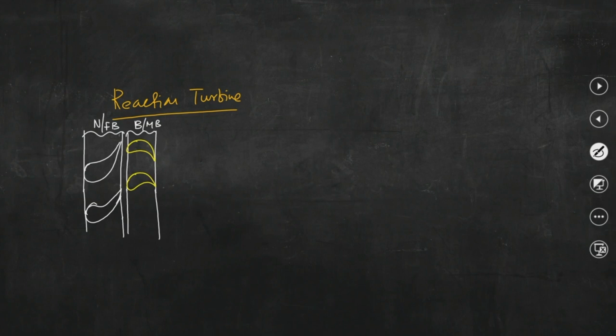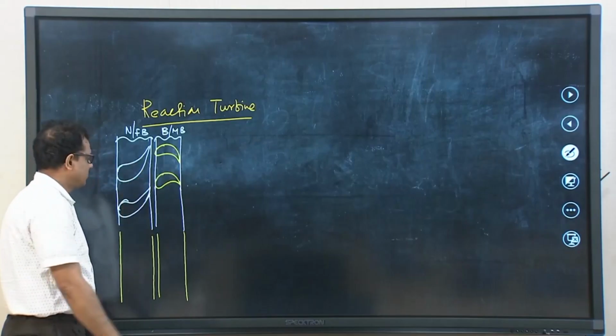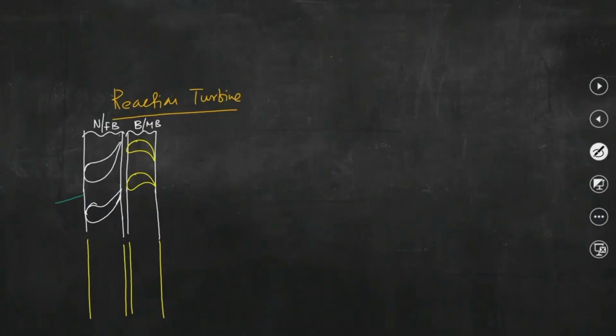Now, if we try to plot both pressure and velocity change as steam passes through the first row of nozzles and the first row of blades: say steam enters the nozzle with a velocity v0, and as usual, when steam passes through the nozzle it expands, and at the cost of the pressure drop its velocity increases.